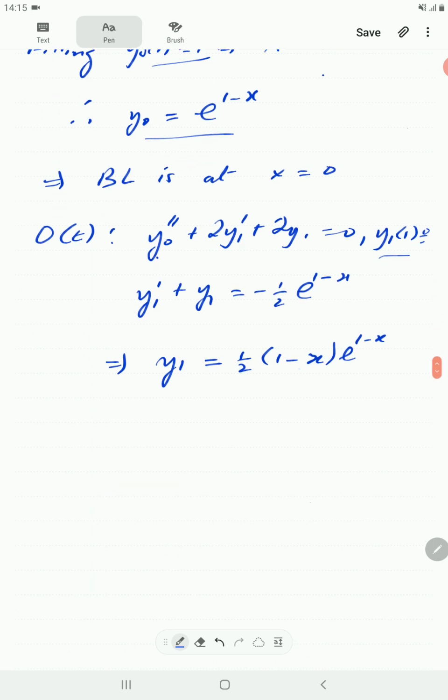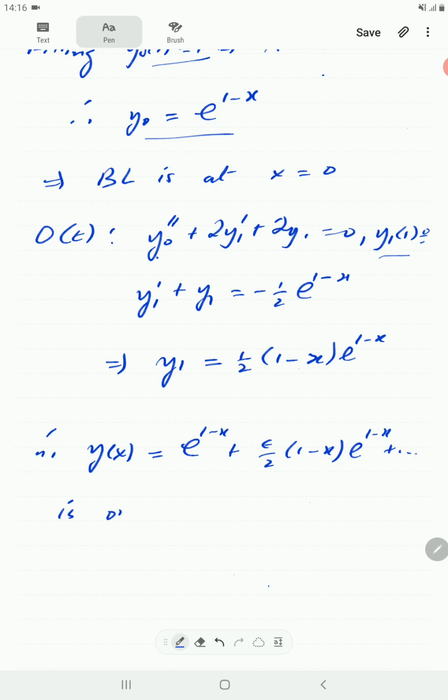So up to order epsilon, our outer solution is going to look as follows. We're going to have e to the 1 minus x plus epsilon over 2 times 1 minus x times e to the 1 minus x, and then there are going to be other terms.